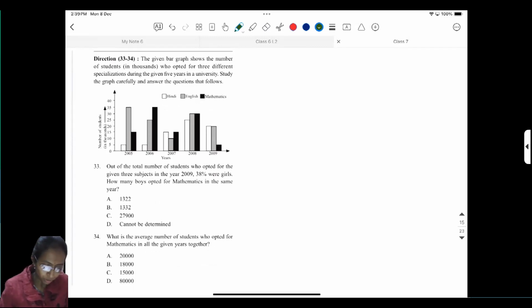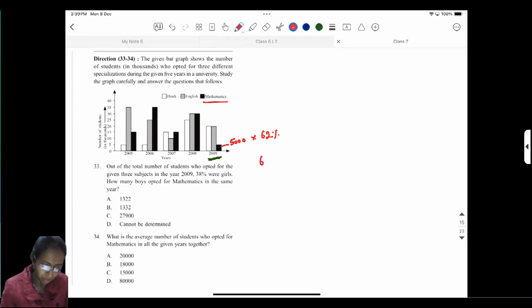So when we look for 2009, this is the 2009 year, and the dark one, the black one, is representing the mathematics part. This comes to 5,000, and from the 5,000, 38% were girls. So the boys will be 62% of this.